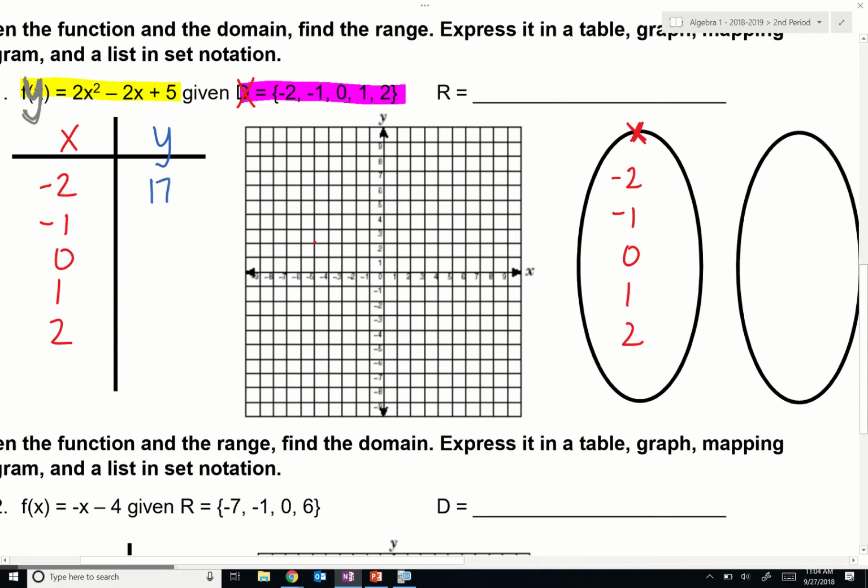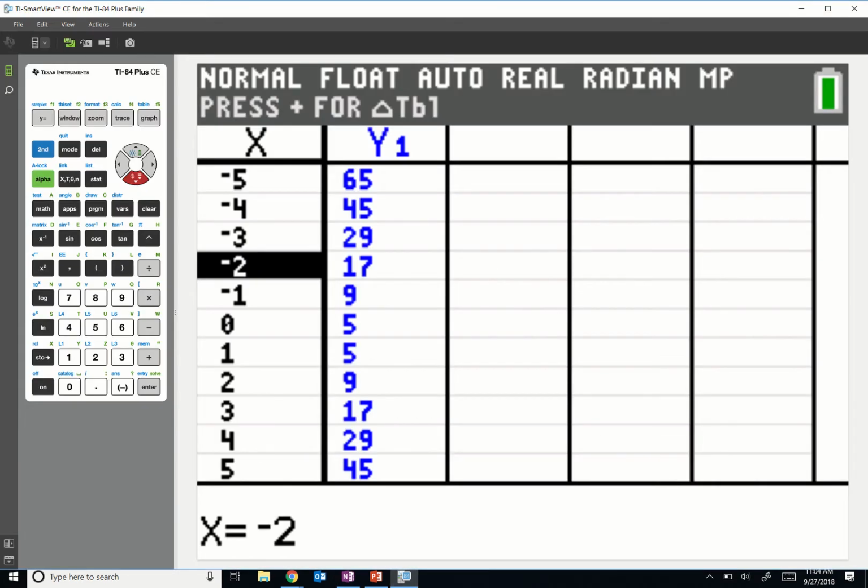Who is -1's partner? 9. Who is 0's partner? 5. What about 1? 5. And 9. So this is what your table should look like because it comes straight from your calculator. -2's partner was 17. -1's partner is 9. 0 is 5. 1 is 5. And 2 is 9. Pretty simple? Not hard at all.